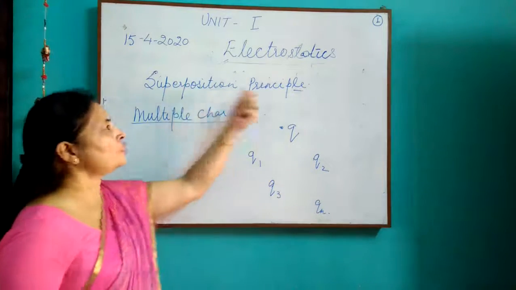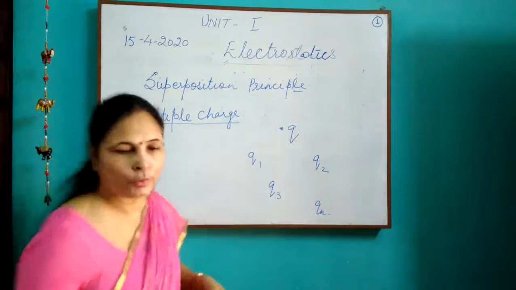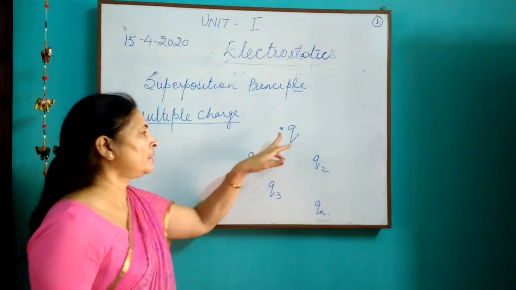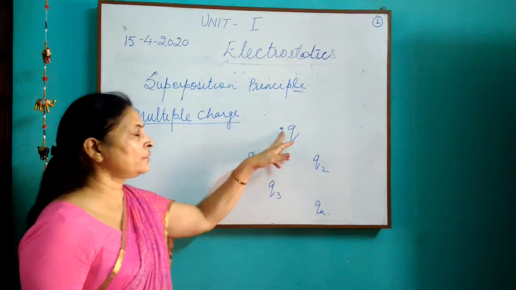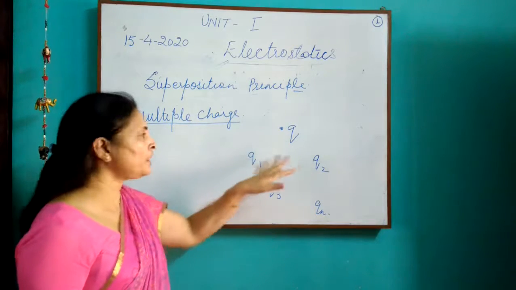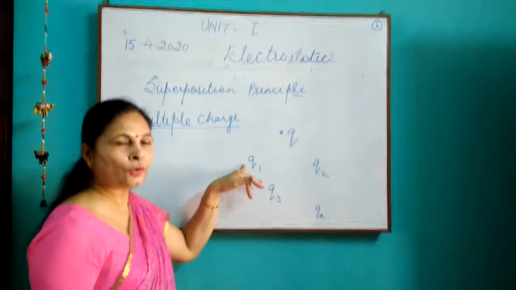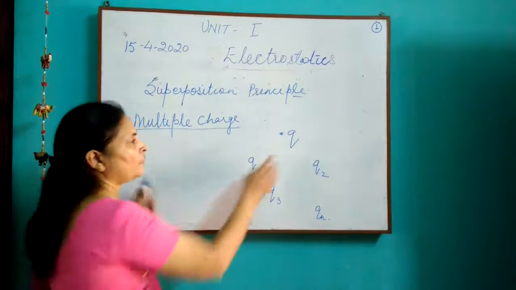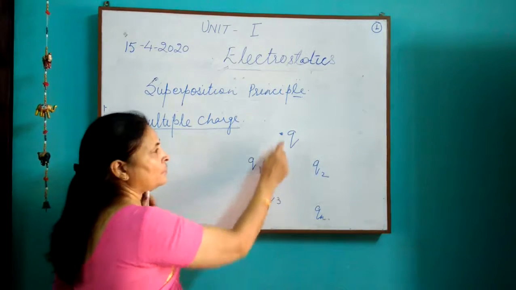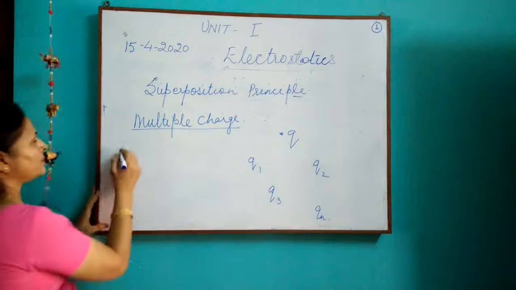Now, according to the superposition principle, if I want to calculate the force on charge Q, then the force on charge Q will be separately a sum of the force on Q because of Q1, considering only charge Q1 first, plus the force on charge Q due to Q2, plus the force on charge Q because of Q3 and so on. So what will the net force be?